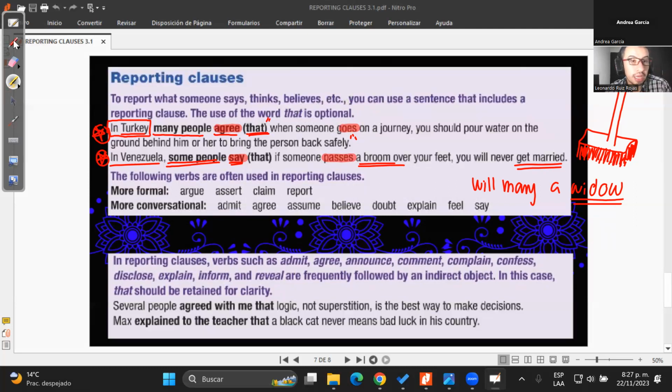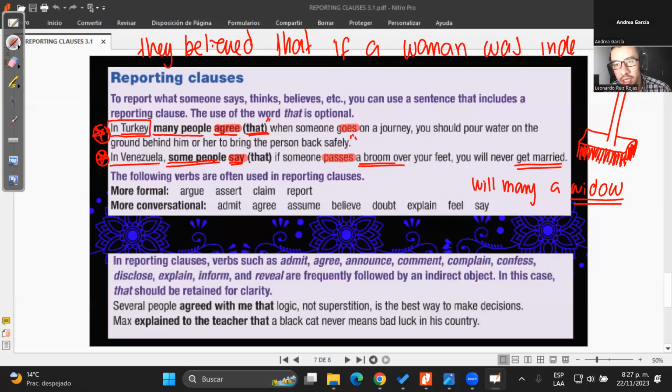For example, I can use the Spanish Inquisition. They believed that if a woman was independent, she was a witch, for example. So in that case, it's a report, but of something that is already finished.